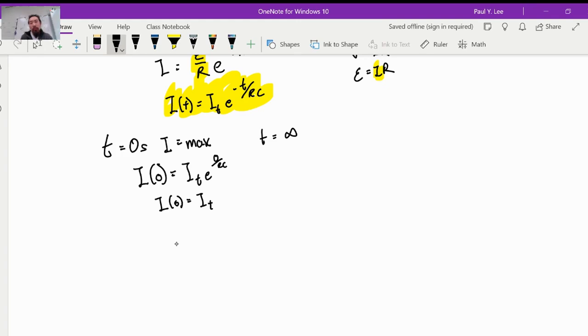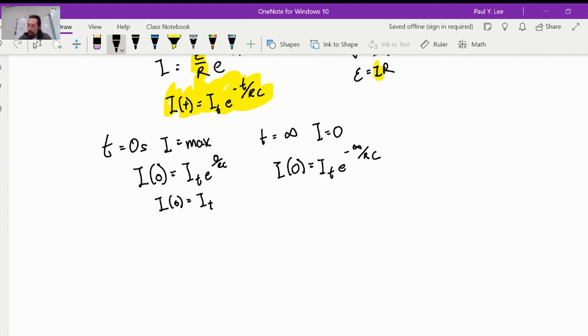And just like that, we can take a look at it when t is equal to infinity. We said that when t is equal to infinity, the current is 0. So let's plug that in. We get I_T e to the negative infinity all over RC.